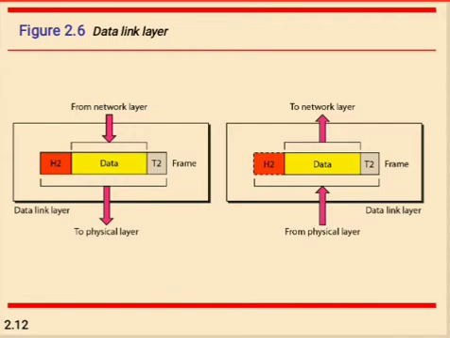Error control in the data link layer provides the mechanism to detect and retransmit damaged or lost frames.